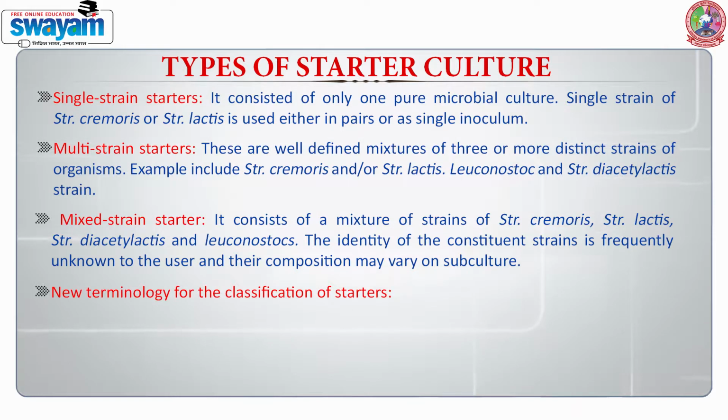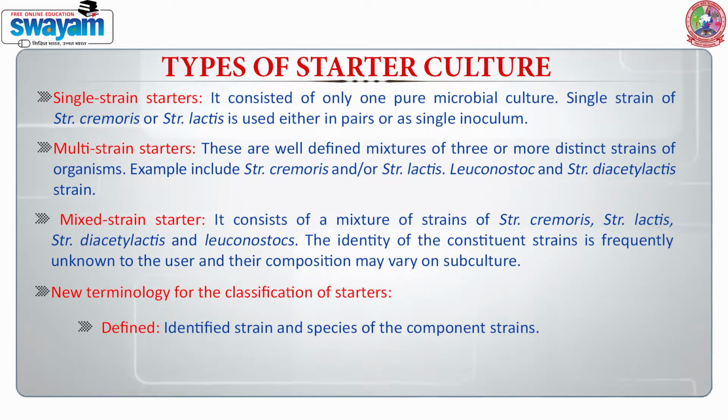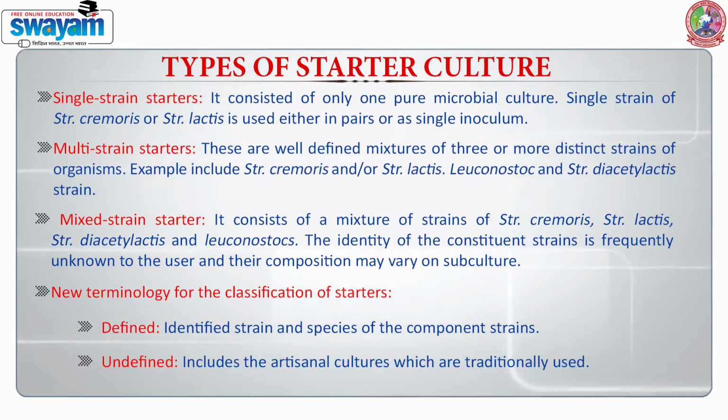A new terminology for the classification of starters has been coined. First, defined starter cultures, which include identified strains and species of the component strains. Second, undefined. These include artisanal cultures which are traditionally used.